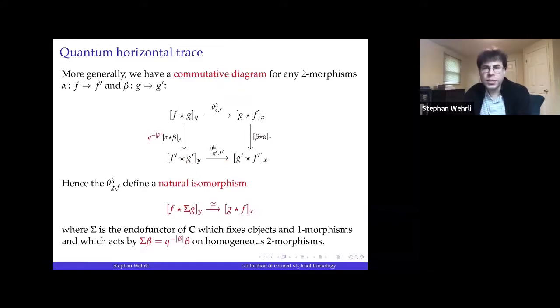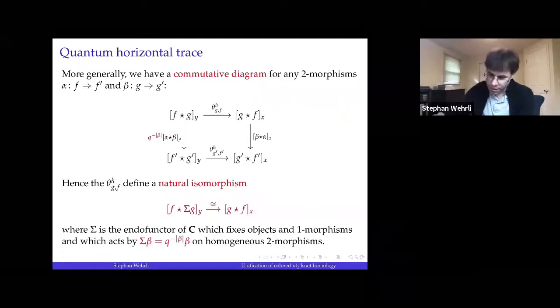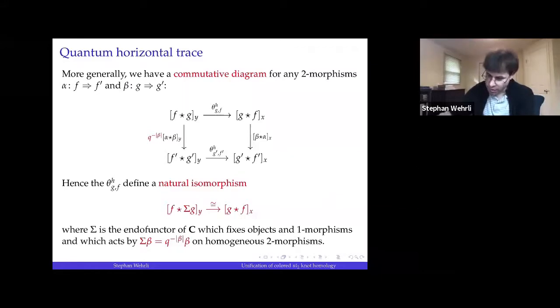And we will use this in the following way. So later we will consider complexes in the horizontal trace, and the chain objects and differentials in these complexes will be such products. So the chain objects will look like this here, or like this here. The differentials look like this. And now what this tells us is that in the horizontal trace, you can get isomorphic complexes.